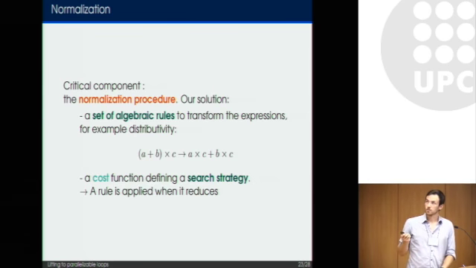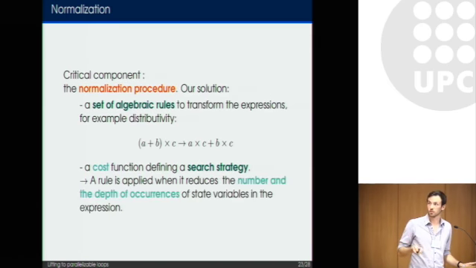And so we need a set of algebraic rules to transform the expressions, for example distributivity, and a cost function that will define the strategy. So we are searching using the algebraic rules, and using the cost function that reduces the number and the depth of the occurrences of state variables in the expression. We try to go to this final expression we want to reach.